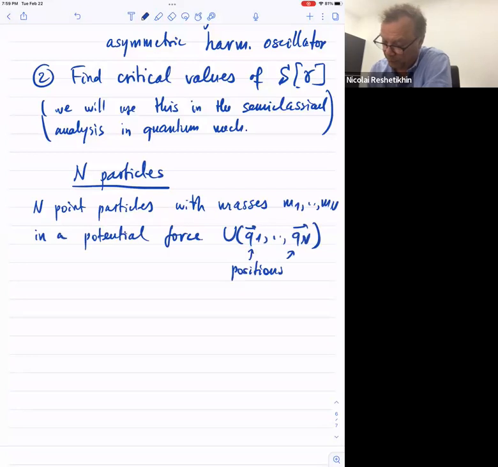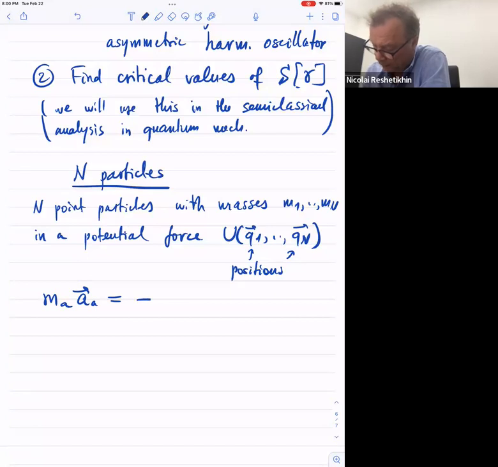Then Newton's law tells us that for particle number a, it's very unfortunate that I use the same letter for the acceleration and for the number of the particle, mass times the acceleration is equal to the total force acting on the particle.